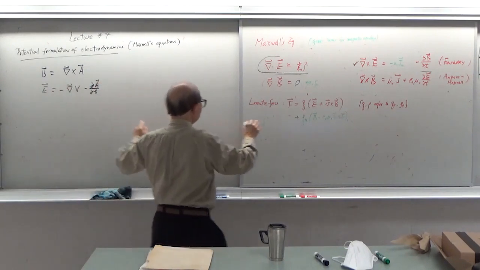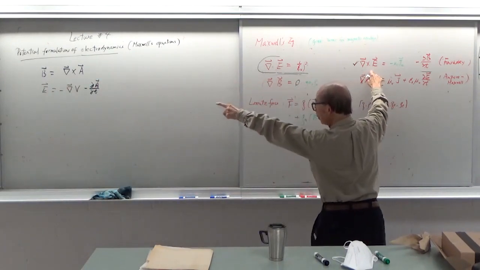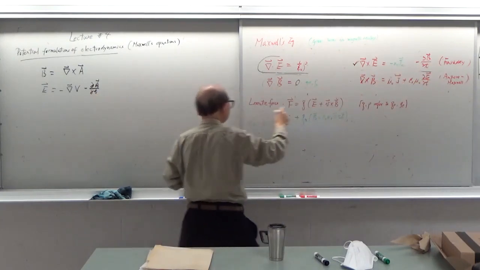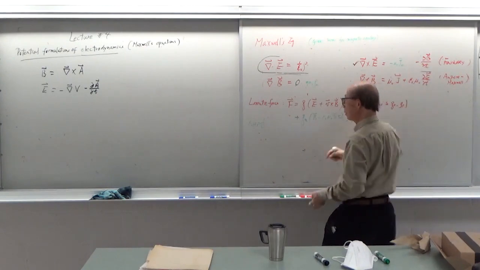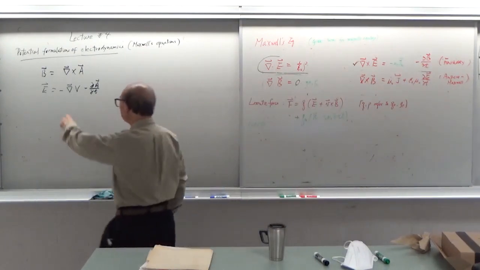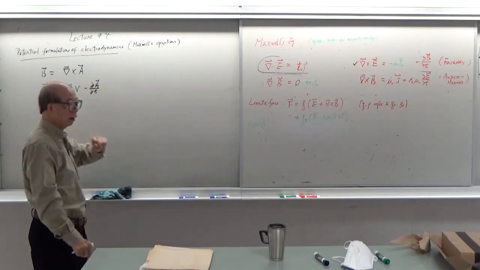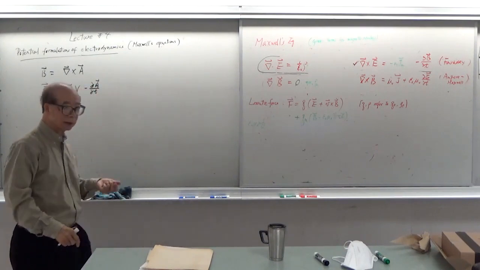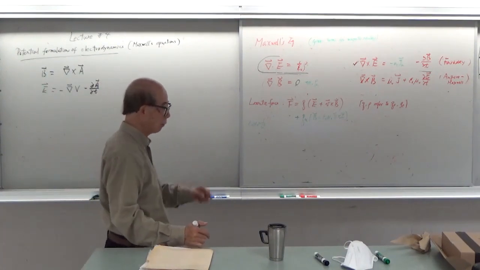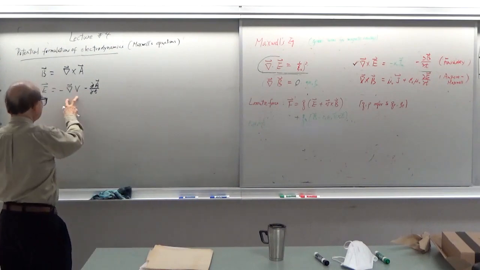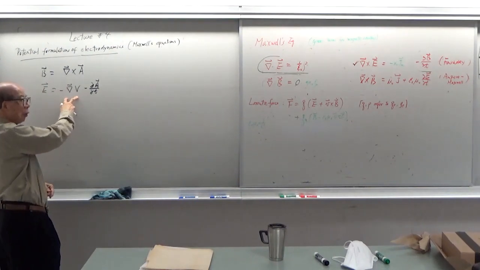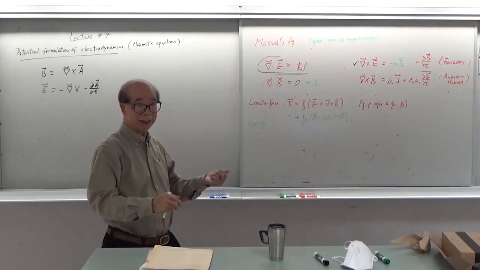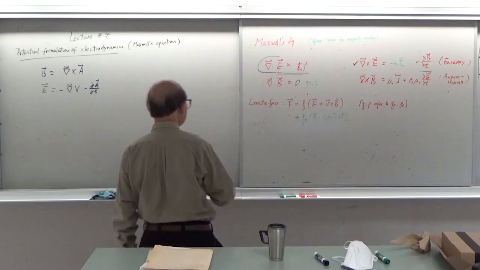Curl A is B, so then minus del by del t of A. So that B and E can be written in terms of the two potentials A and V. And as I said either last time or the time before, this part of E refers to the Coulombic part, and this one refers to the part due to Faraday. All right?